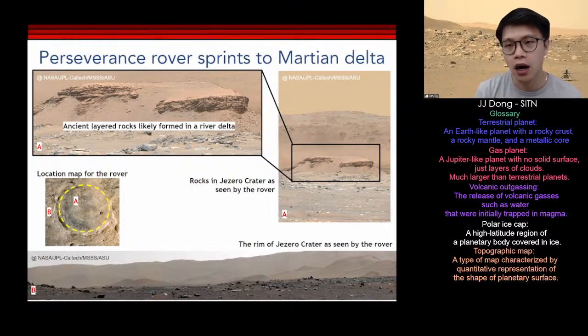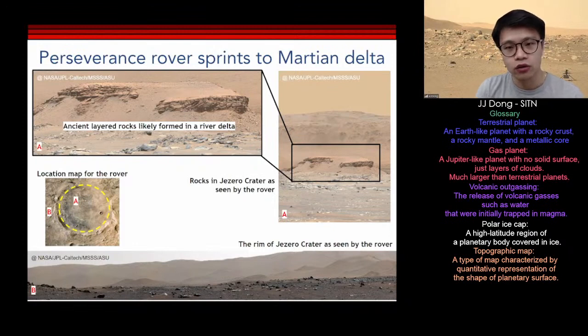In the upper part of the slide, we have a photo of ancient layers of rocks inside Jezero Crater, near the delta-like features I pointed out in the location map. It is in location A. I also have this zoomed-in photo of them, in the upper panel on the left, and you can see those layered features in the rocks. Those features might have been formed in the river delta by water activities.